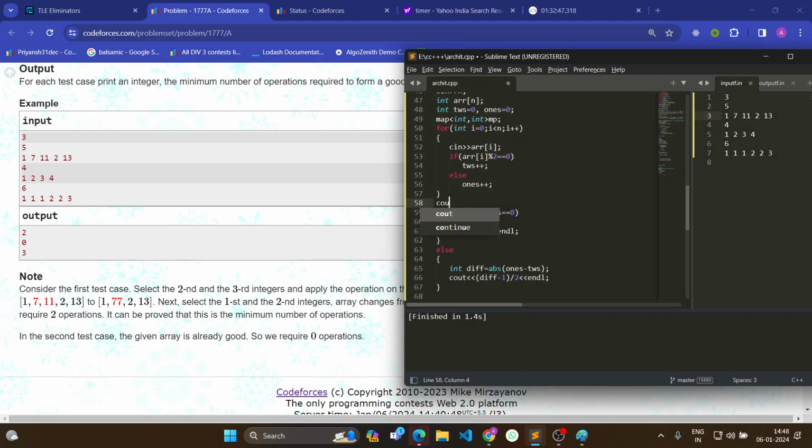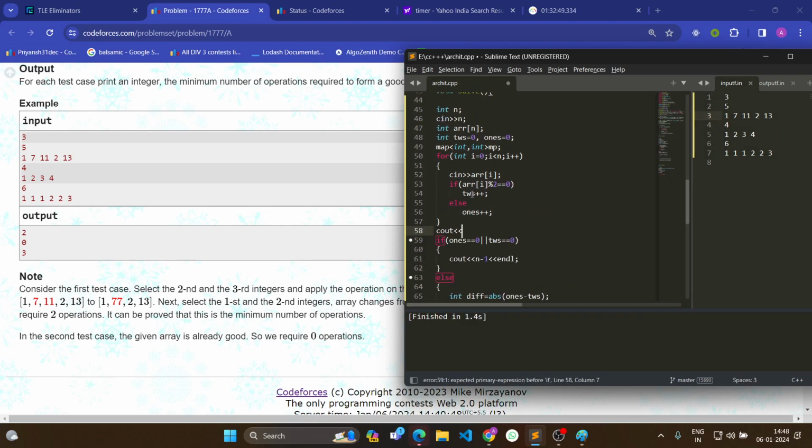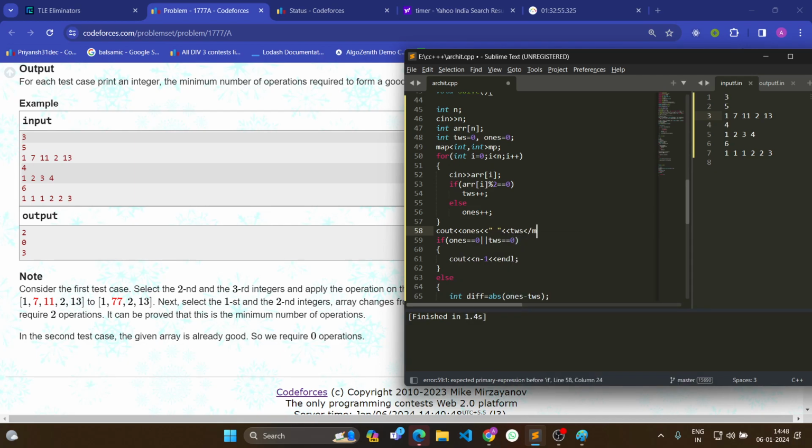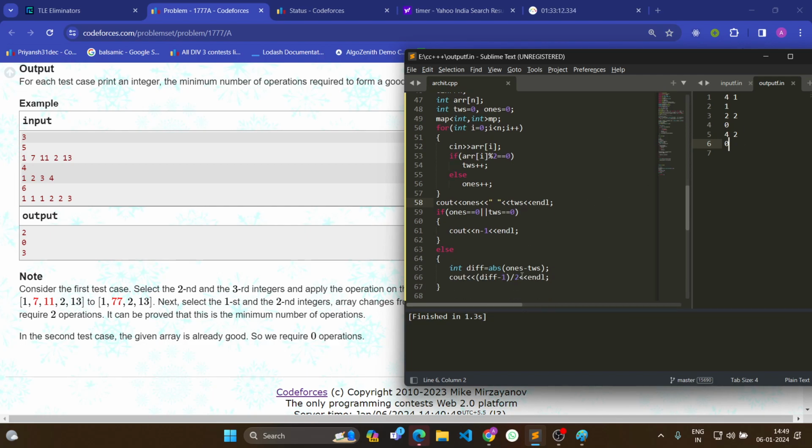Wait, am I doing it right? So 4 1 2 2 and 4 2. So when is 4 1? Okay. Then what is the difference?